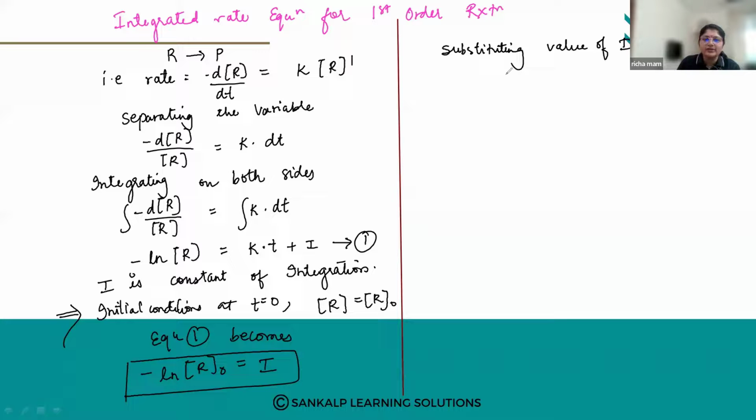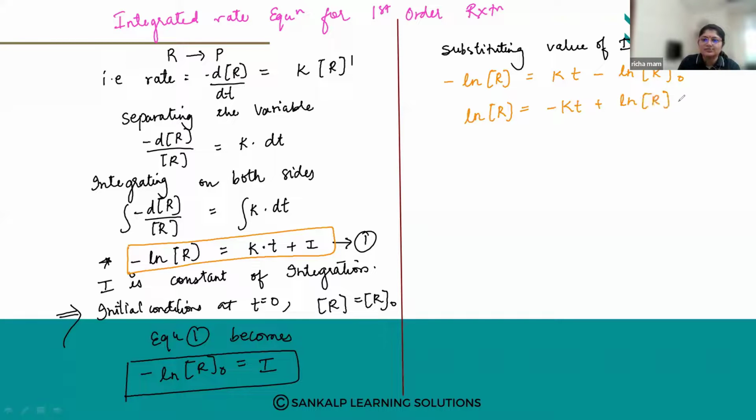This is the equation 1 here; let me mark it with another color so it is highlighted. So I am going to put the value here: minus ln of r is equal to kt minus ln of r naught. Now take the minus sign outside, so ln of r is equal to minus kt plus ln of r naught.